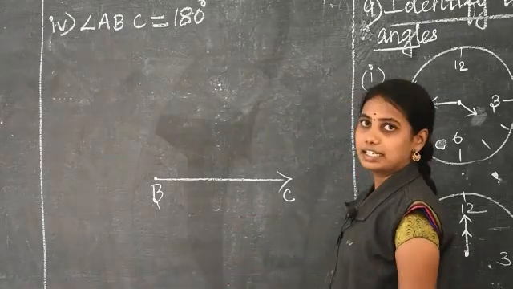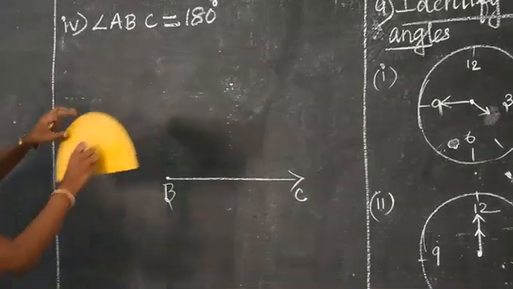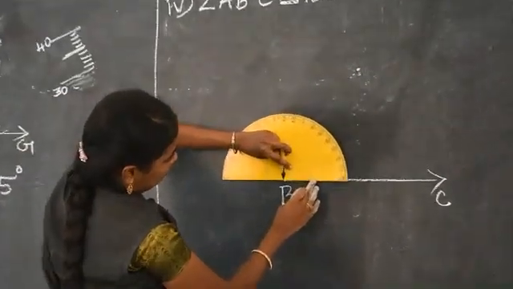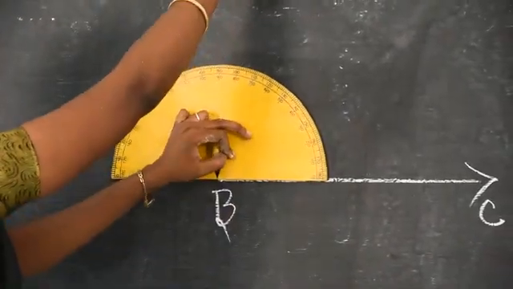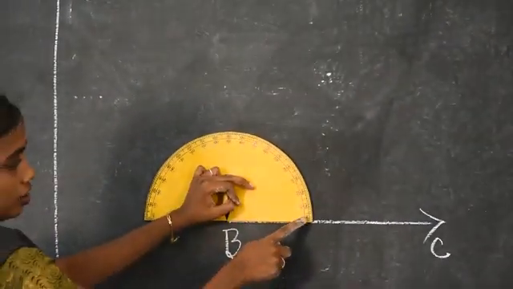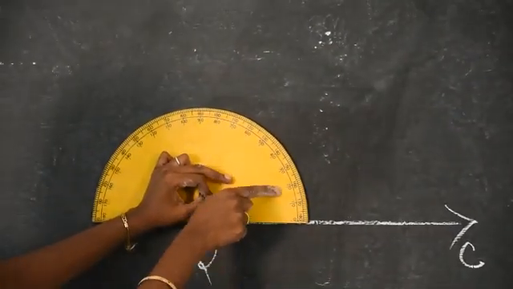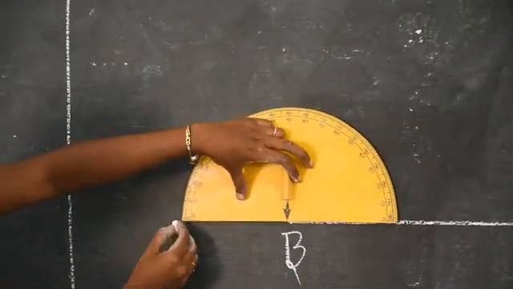Okay, BC 180. Fix your protractor properly. So I fixed properly. Angle is 180 degree. Don't go here, 180 is there. I told you to start from 0. See that 0, 90, 100, 140, 180 is here.